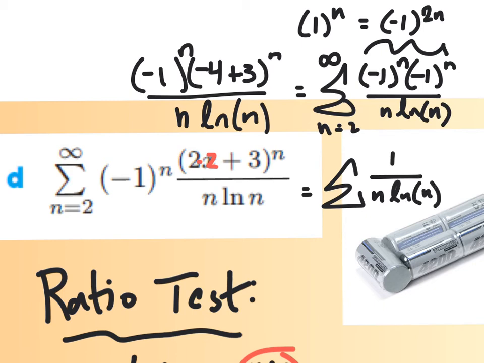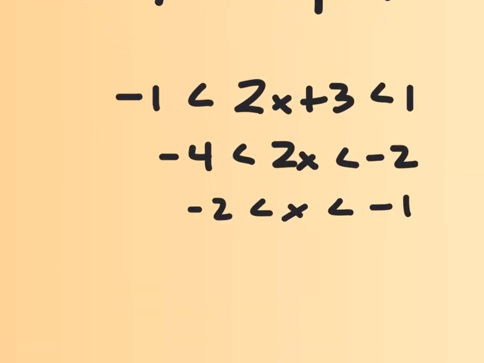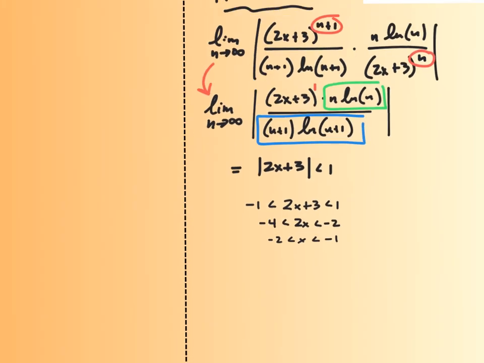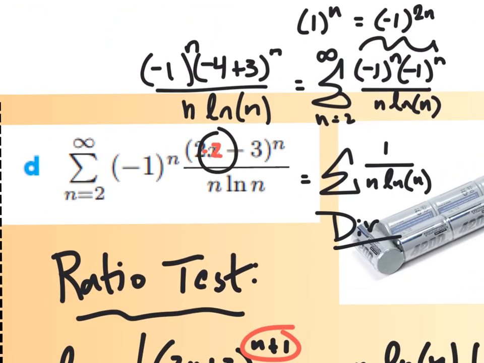That's if we plug in the endpoint negative 2. We could employ the integral test, but this is going to be divergent. So that'd be divergent on negative 2. Let's go back down here, and we're going to leave that as an inequality without the equal sign at the bottom. Now let's test negative 1.